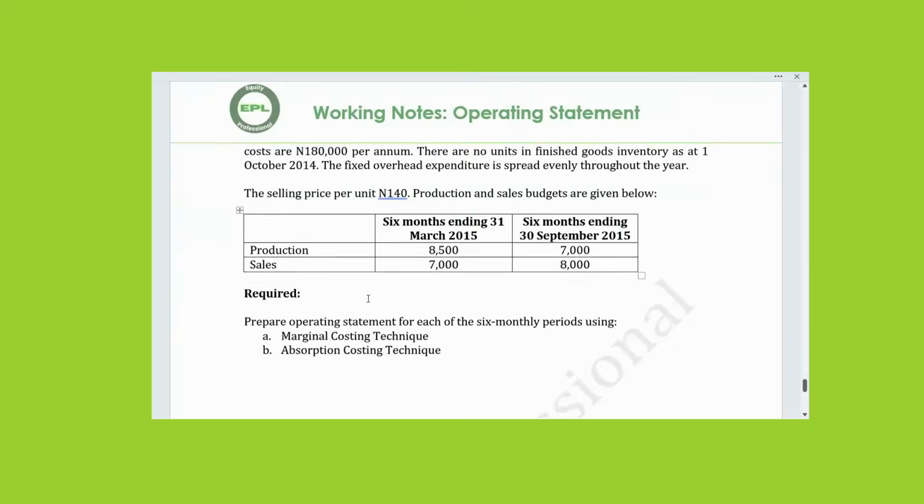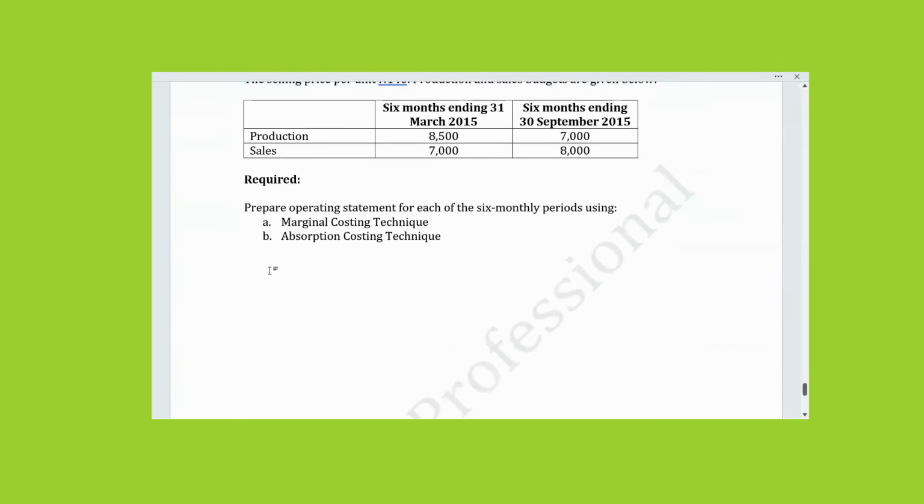So that is the question. The name of this company is Panama. So I will then come here, just like we saw for the first one, solution. The name of the company is Panama Limited.